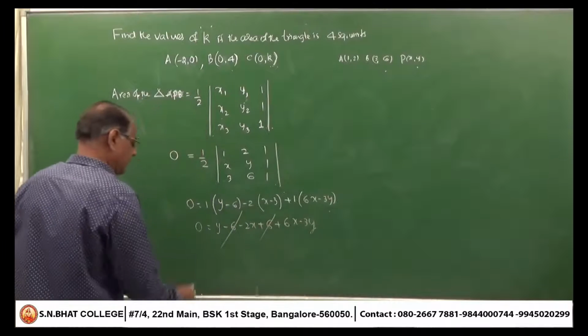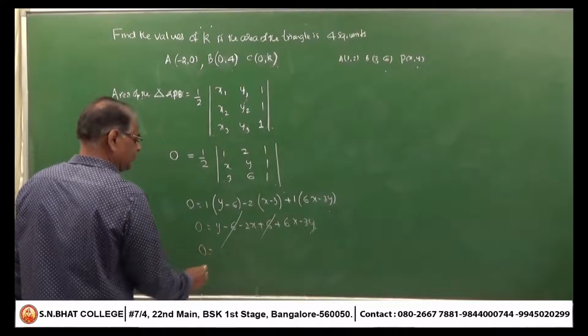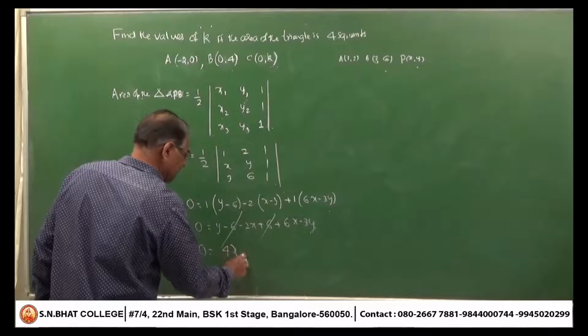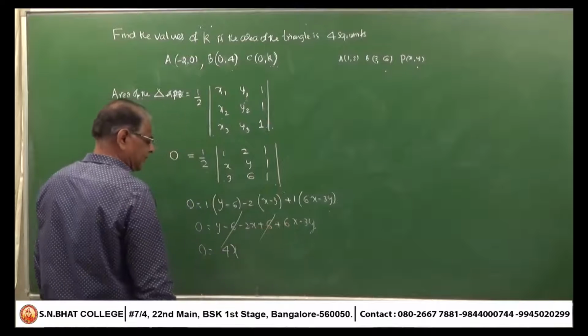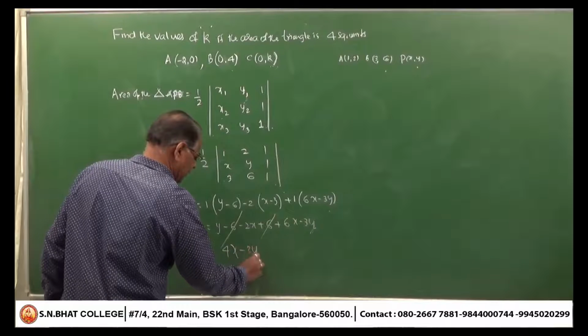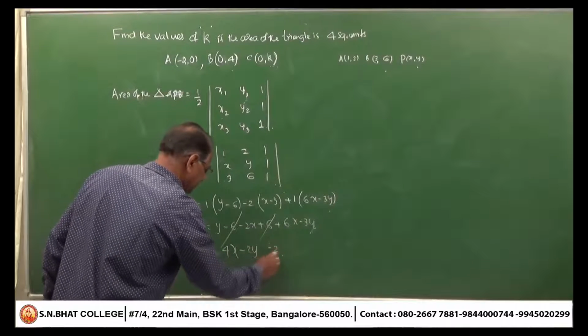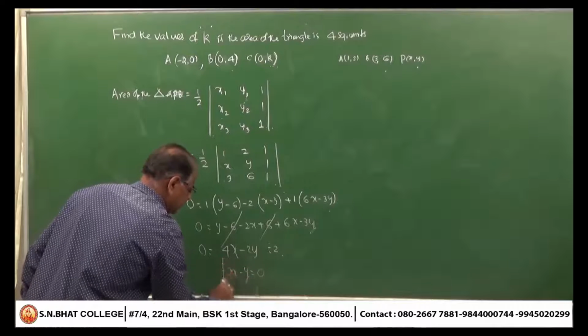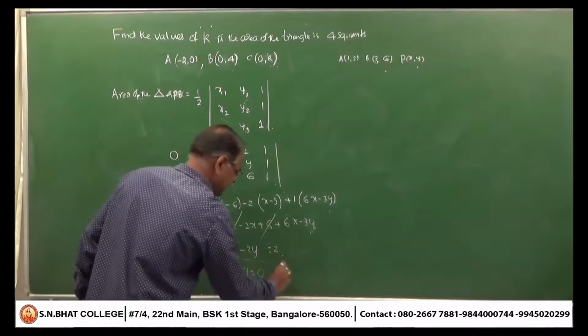Minus 6 plus 6 get cancelled. 0 is equal to minus 2x plus 6x is 4x, minus 3y plus y is minus 2y. Divide through by 2. This is 2x minus y is equal to 0, which is a straight line.